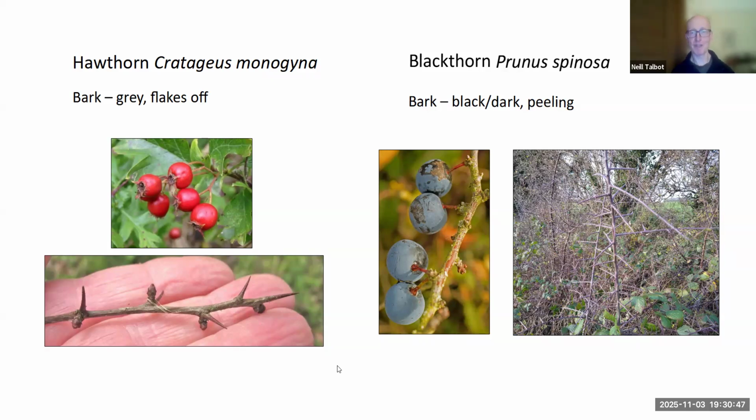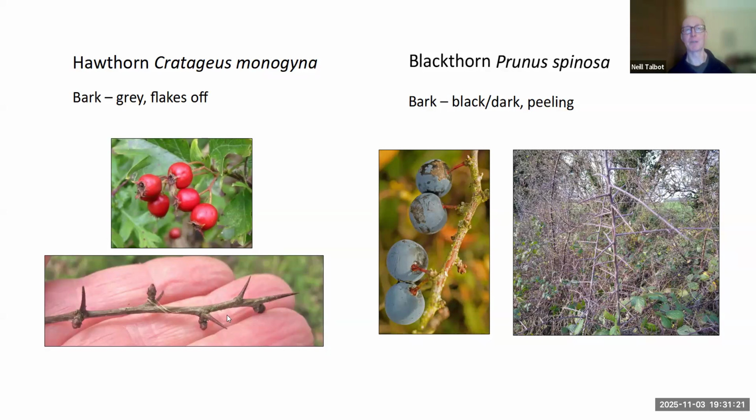So if you see the picture at the bottom left of the hawthorn twig, they have quite short spines with the buds immediately at the base of the spines, in most occasions. You might very occasionally find some buds along the spines, but it's more usual to find them all at the base of the spine.